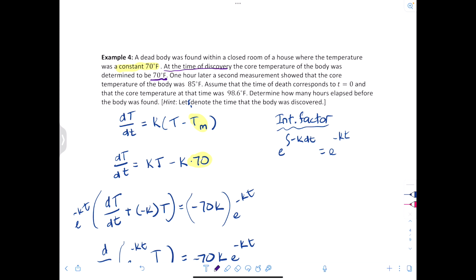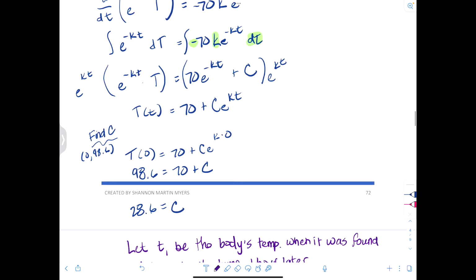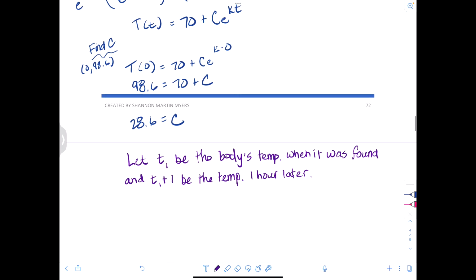You know what? My apologies. I have a typo here. This is supposed to be 85. It wouldn't make sense, right, for the temperature to go up past 70, because the ambient temperature is 70. So 85. So we have the ordered pair T1, comma, 85.